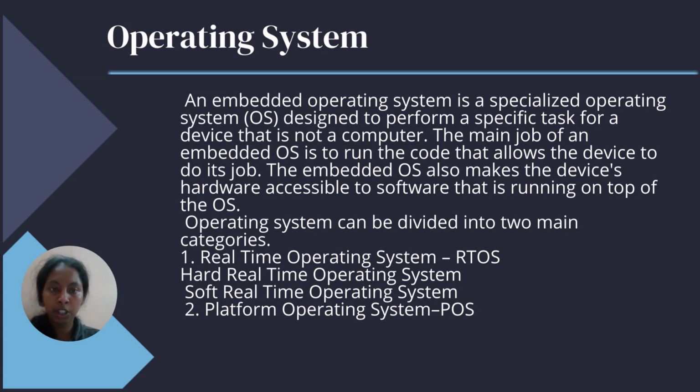Some embedded systems require real-time capabilities and would use a real-time operating system to ensure precise timing and task execution. Others may utilize a platform operating system if their requirements are less time critical and they benefit from the broad software ecosystem and development tools provided by platforms like Linux and Windows Embedded.